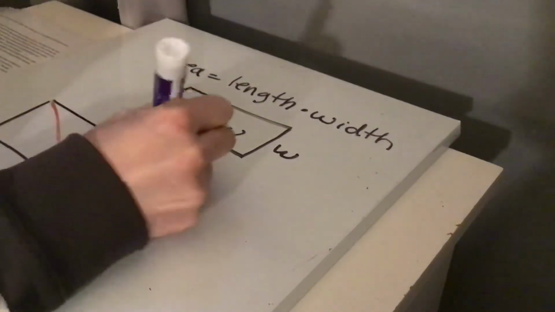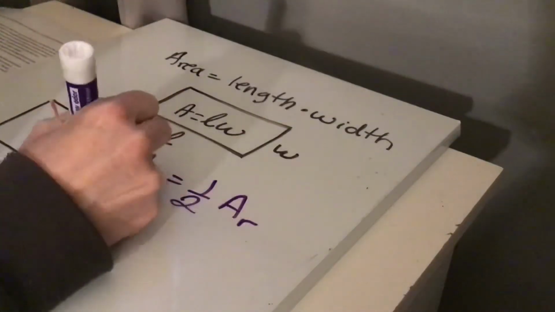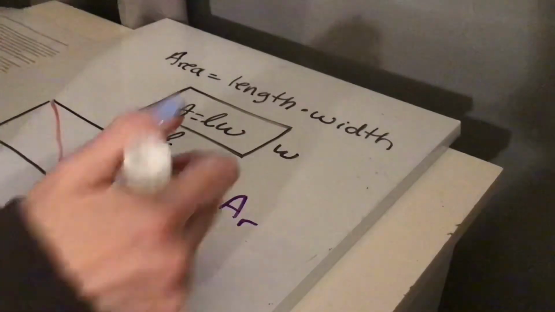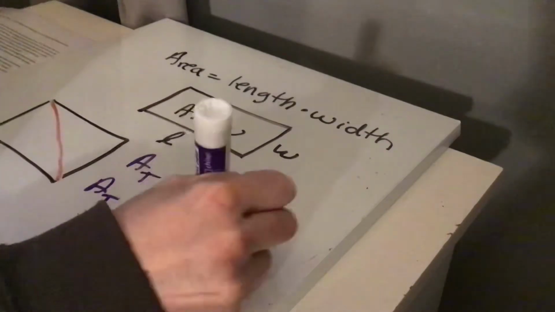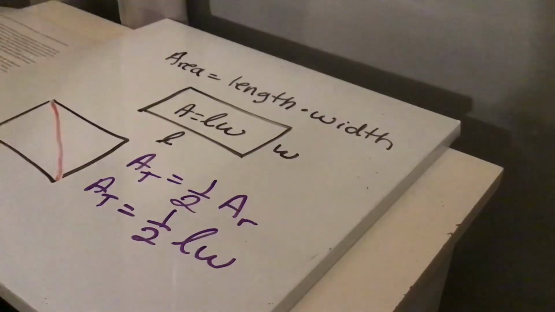So area of a triangle is half the area of a rectangle. Well, triangle, 1/2 length times width, okay? Sometimes we say base times height, but really it's like you took that triangle, made 2 of them, and then have formed your rectangle, okay? So that's how we get the area of a triangle. These are formulas we know, okay?